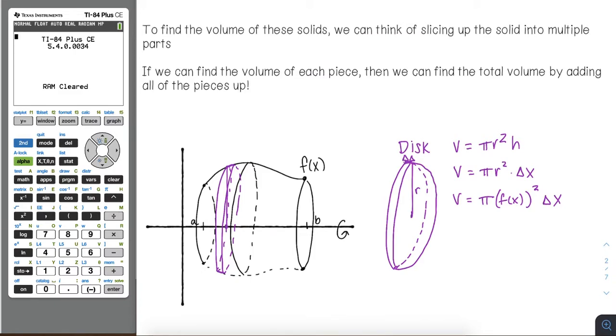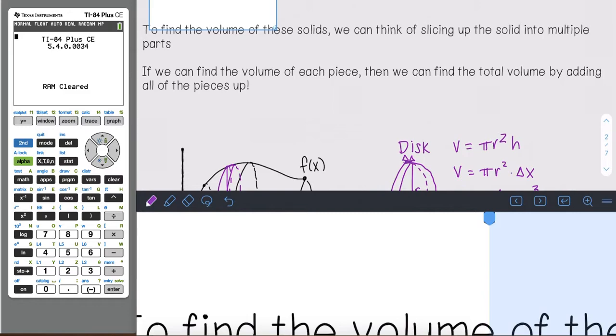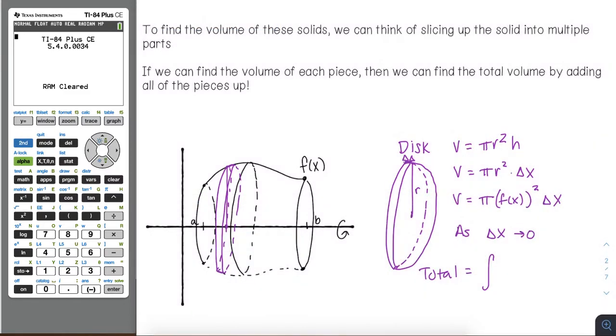As delta x approaches 0, the total volume would be the sum of all of these discs. So that becomes the integral from A to B of pi times our function squared dx. We're basically taking these circles, finding the area of each circle, and as we add up each of those circles, we get the total volume of the solid.